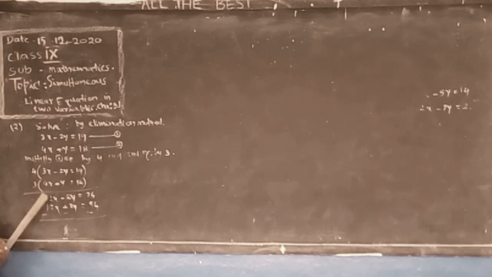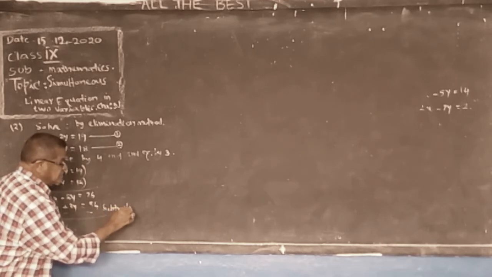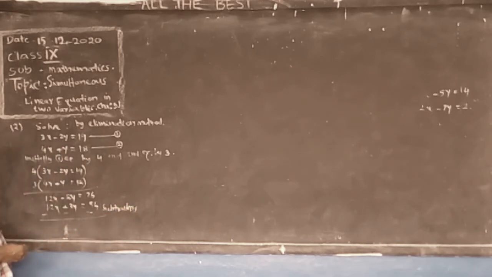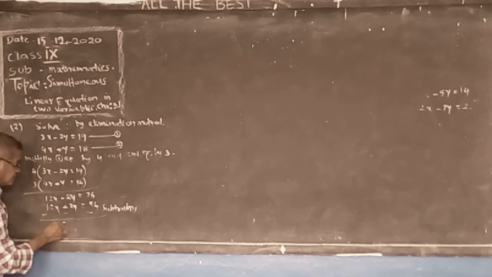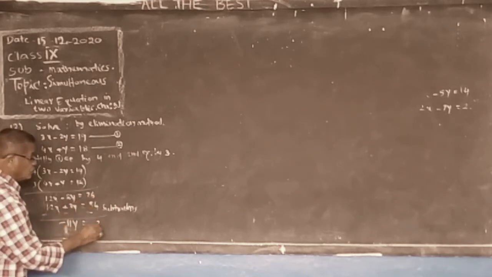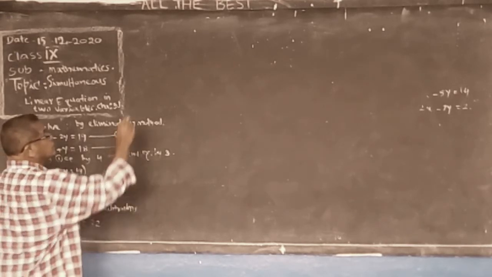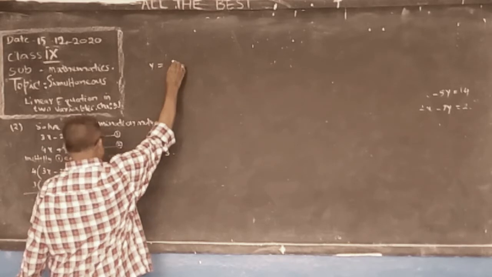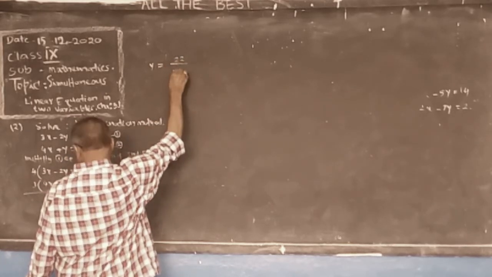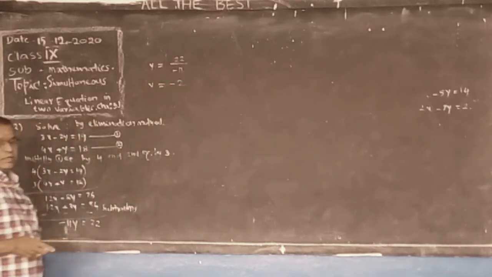Both the x terms are plus, so we have to subtract. Minus 8y minus 3y is minus 11y, and 76 minus 54 is 22. So minus 11y is equal to 22. Then y is equal to 22 by minus 11, so y is equal to minus 2.